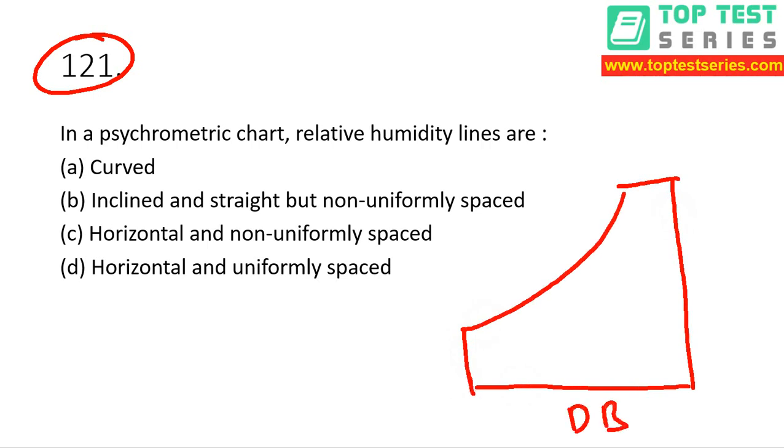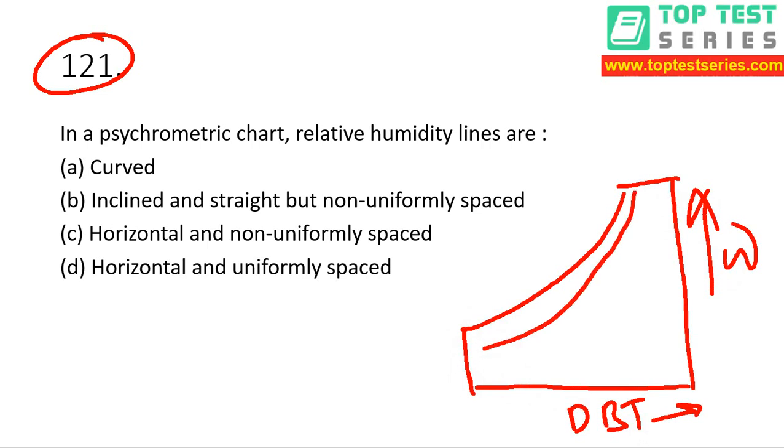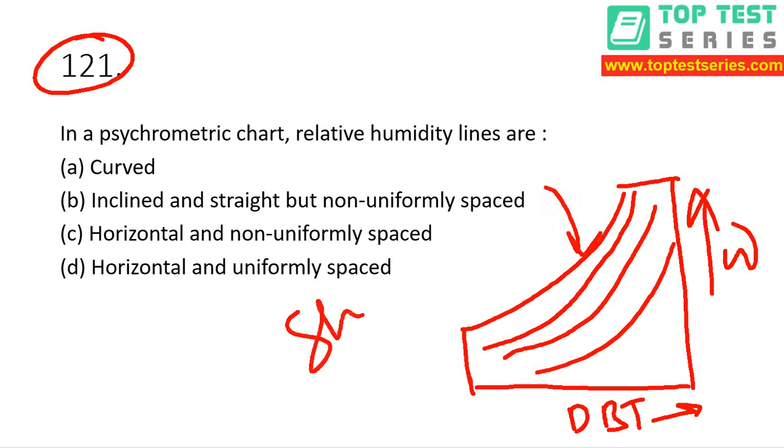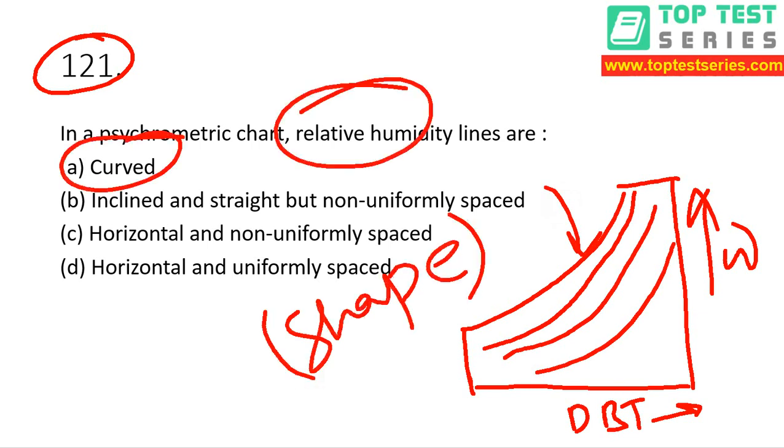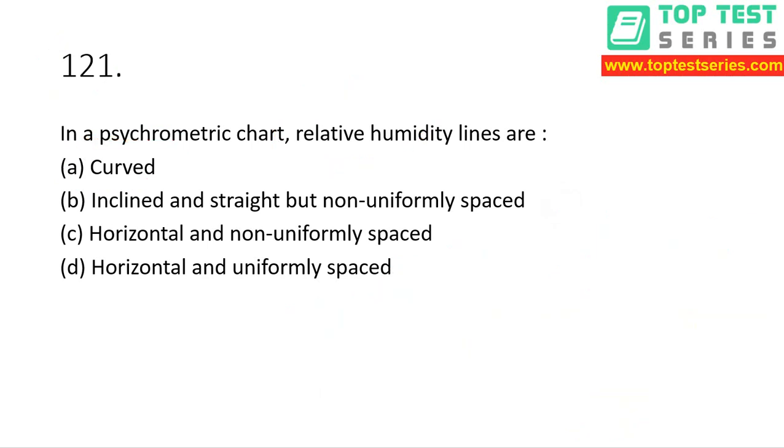This side we have DBT, it will increase to the right side, and it will increase to the upward side, that is specific humidity. So relative humidity is like this, you have to draw like this, right? As you can see the shape, my dear, what type of shape is this for relative humidity? That is curved. Therefore the answer for this question is option A.